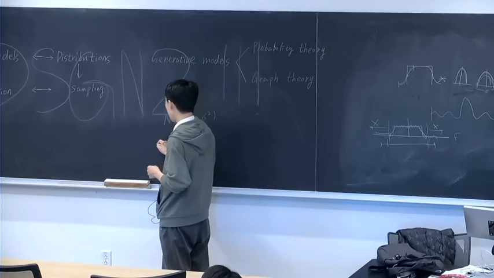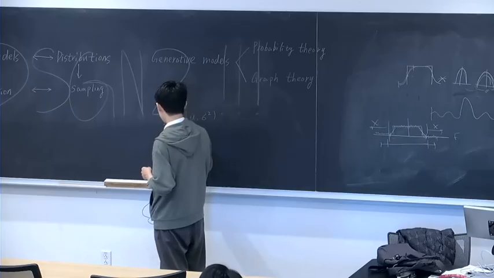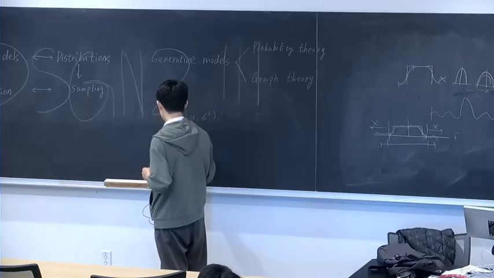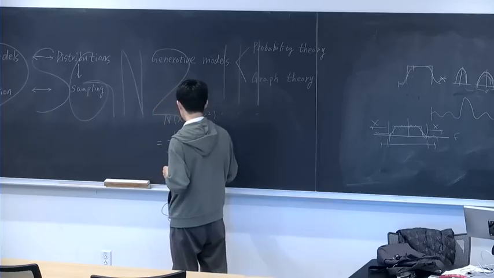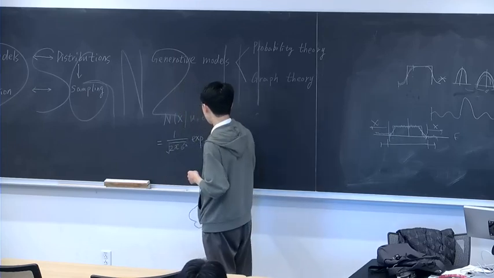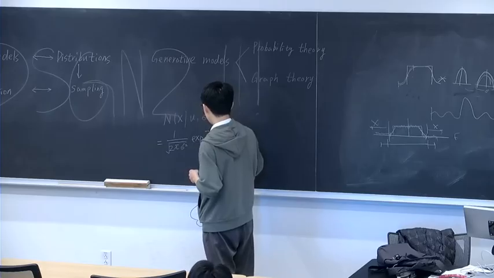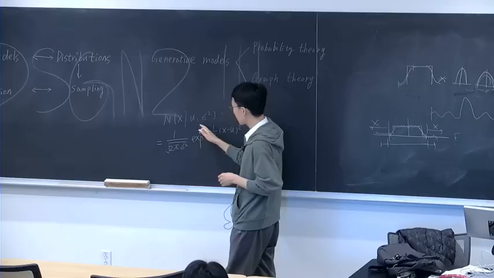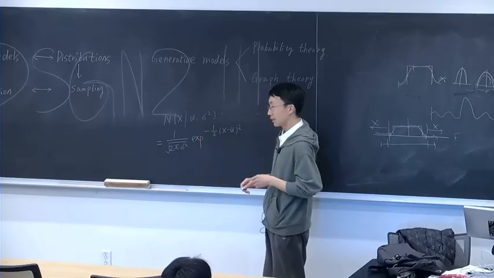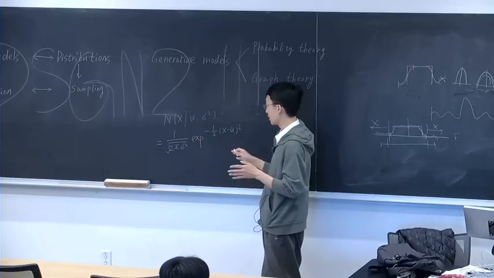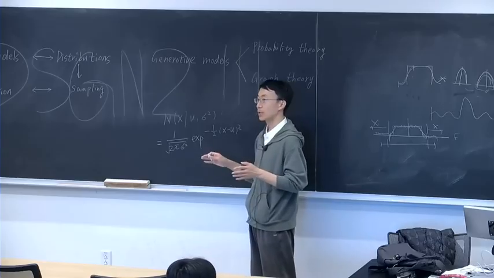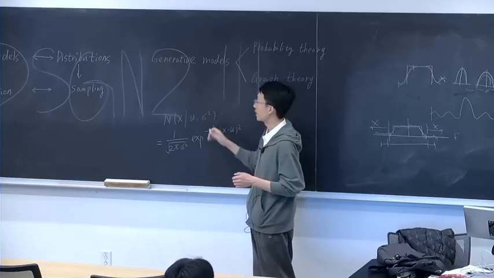You can write down the density function, which is 1 over the square root of 2 pi sigma squared, times the exponential of minus 1 over 2 sigma squared times (x minus mu) squared. Then you can do the algebraic calculations to deal with this distribution.